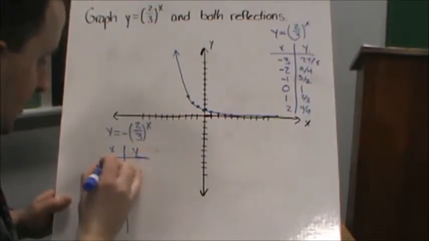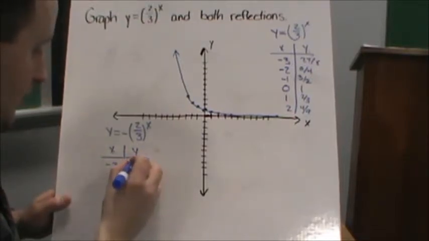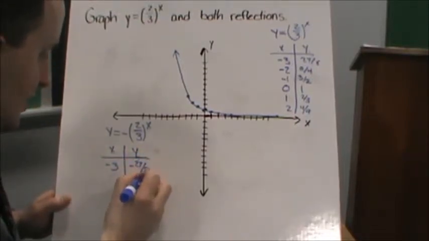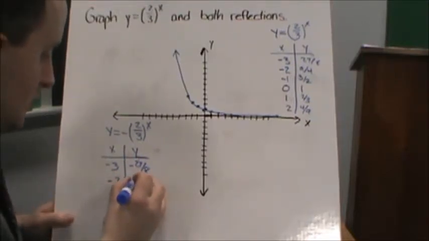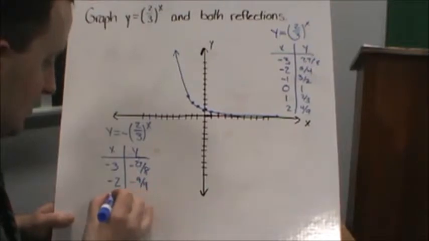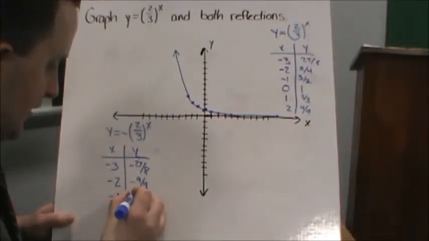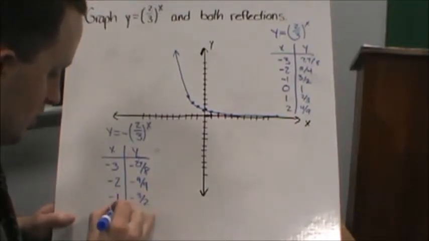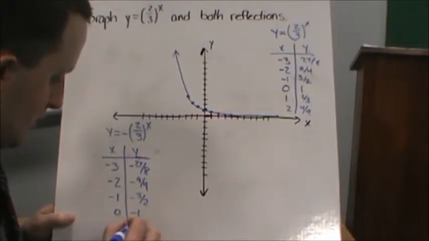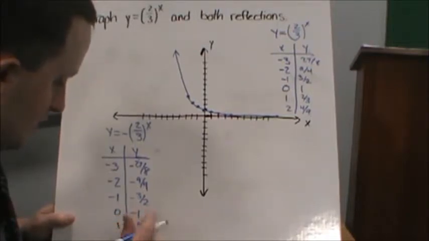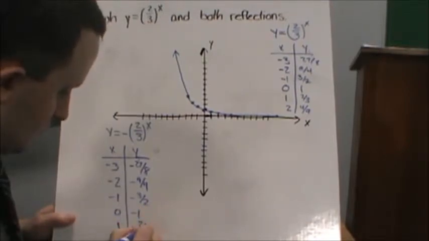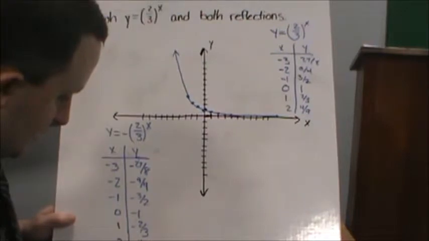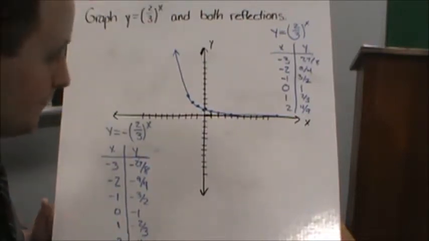So in doing so, we get negative 3, negative 27/8, negative 2, negative 9/4, negative 1, negative 3/2, 0, negative 1, 1, negative 2/3, 2, negative 4/9, and so on.